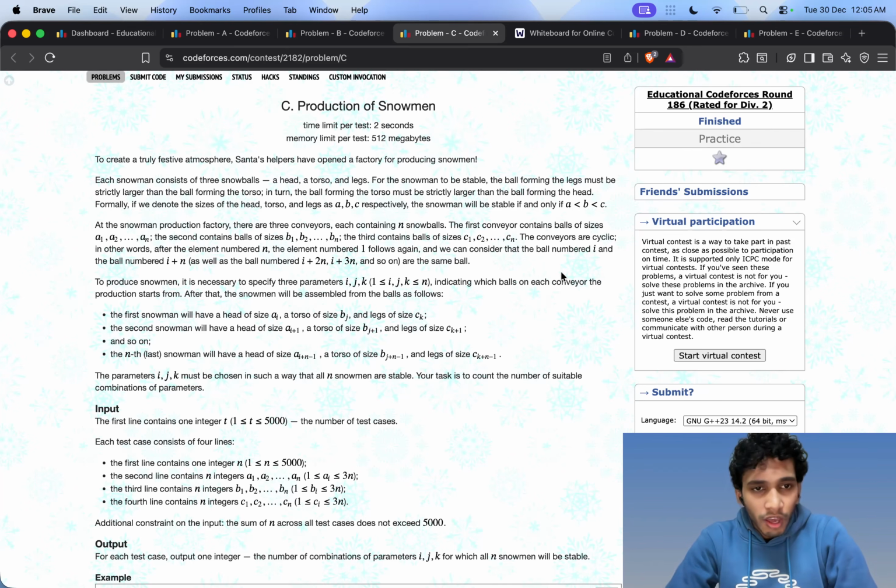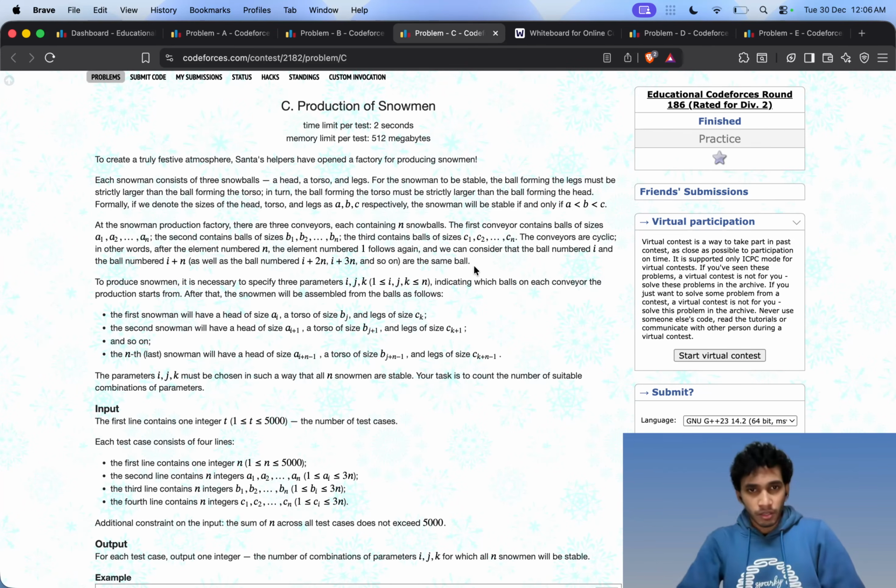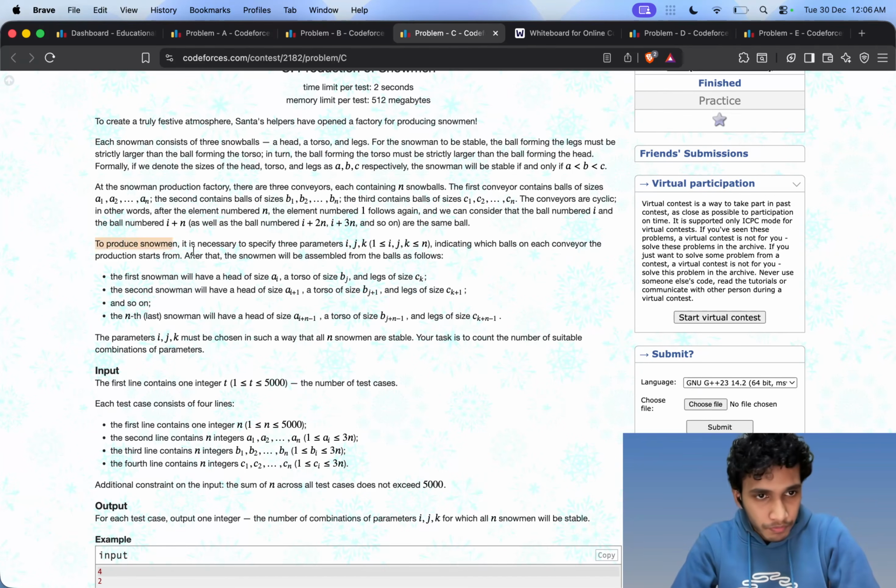In other words, after the element numbered n, the element number 1 follows again. And we can consider that ball numbered i and ball numbered i plus n are the same ball. It just means that balls are cyclic. That is, the conveyor belt keeps on revolving and the neighbors keep on coming one after another. After the nth element, the first element will appear. This is what it means.